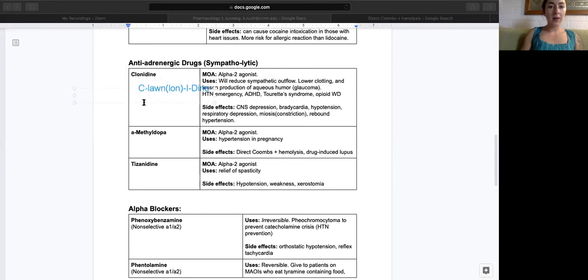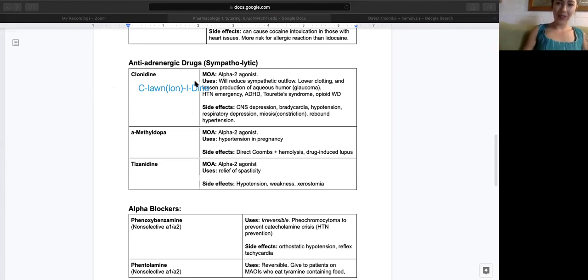When I think about this mnemonic, I think about being on a picnic or something, and just not wanting to walk anymore because that's like fight or flight, being active.